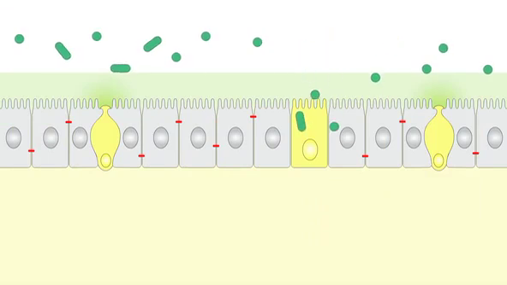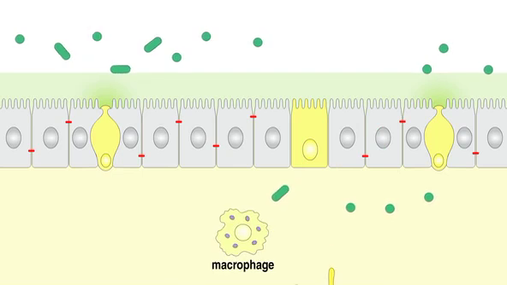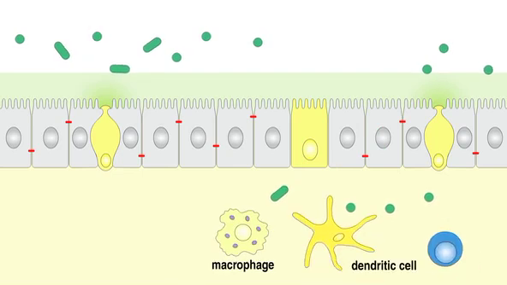When minor infiltration of the epithelium occurs, the mutation in NOD2 prevents the induction of antimicrobial peptides, which may allow local transcytosis of microbiota into the lamina propria. This invasion of the lamina propria requires a more intense immune response, which involves the activation of macrophages, dendritic cells, and T cells.